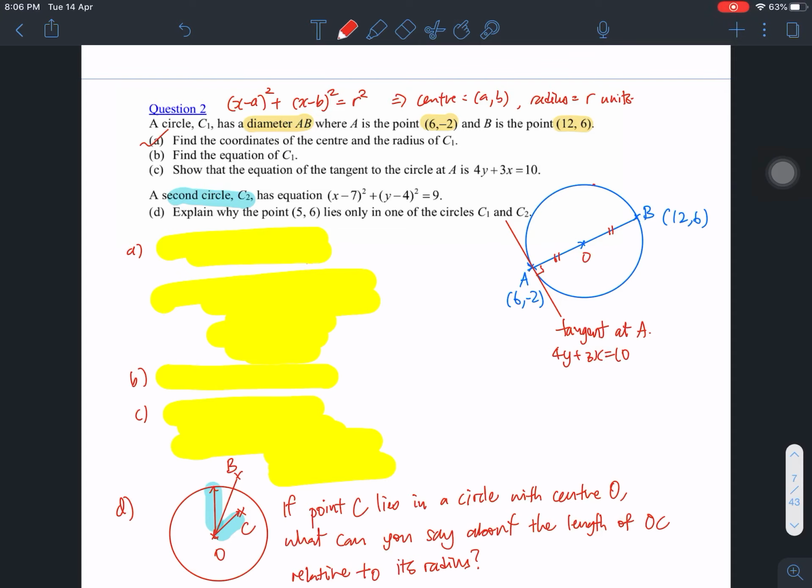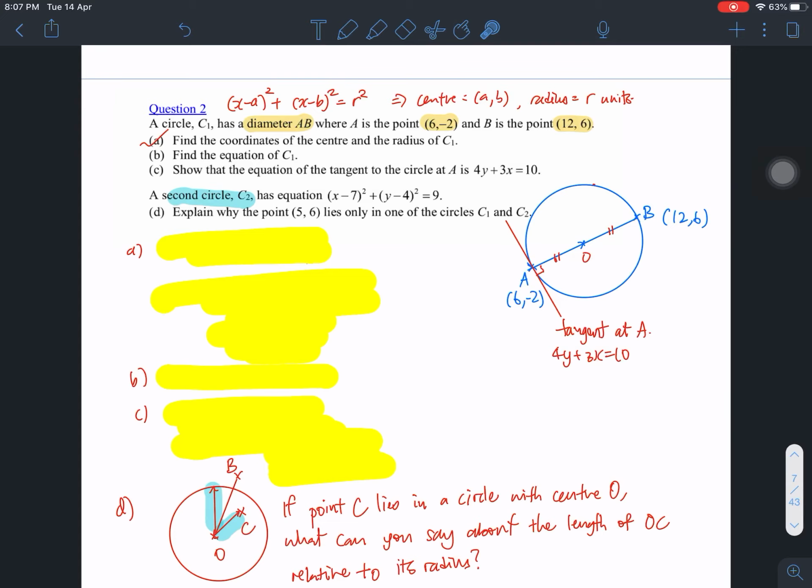Relatively simple question. Okay, so if we know that A and B are points on the circle such that AB is the diameter, right? Clearly, the center of the circle must be the midpoint of both points. Am I right? And that would be the center.